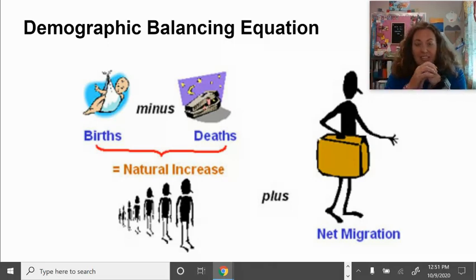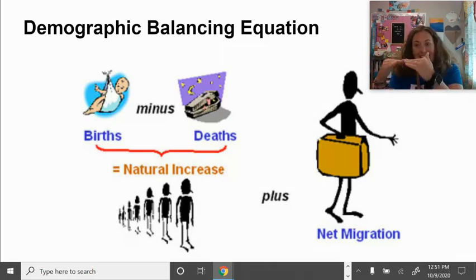The way we look at this is you have your births minus your deaths, that gives us our rate of natural increase. And then when you add in net migration, so migration itself is just simply people moving from one place to another. The net migration is immigrants, people who've come in, and then the difference of emigrants with an E, the people who have pieced out and left.